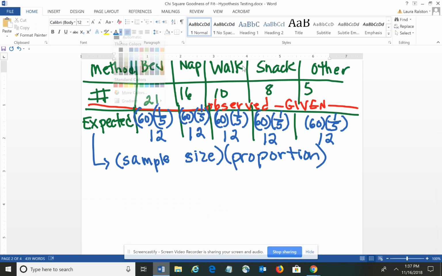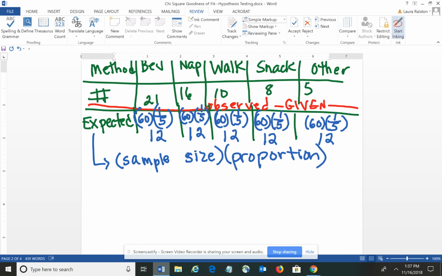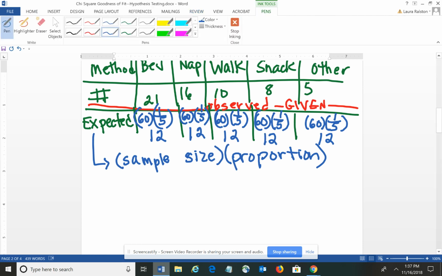That's one of the questions that we usually ask. So my chi-square test statistic is 13.833. Okay, so my chi-square goodness of fit test statistic is 13.833.